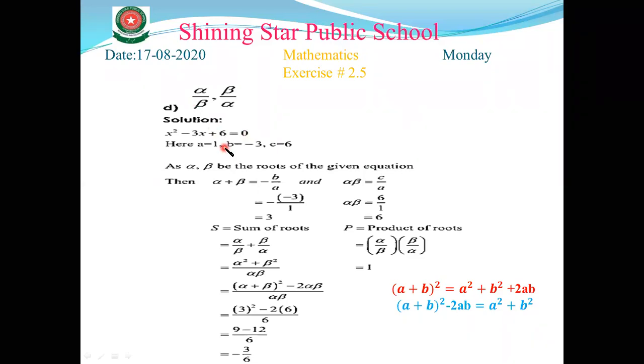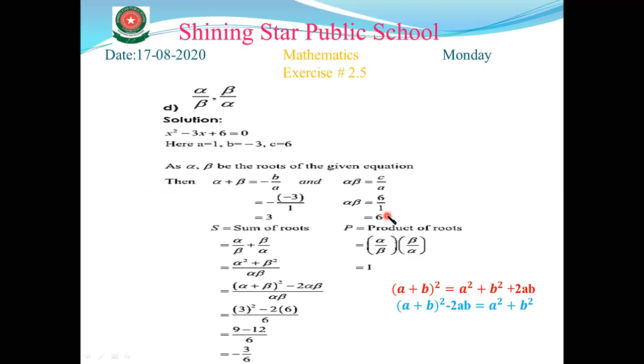A is 1, b is minus 3, and c is 6. Okay. So alpha plus beta is minus b over a, b is minus 3, minus minus plus 3. So alpha beta is c over a, c is 6.